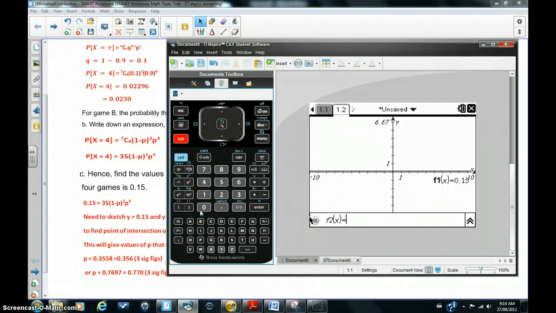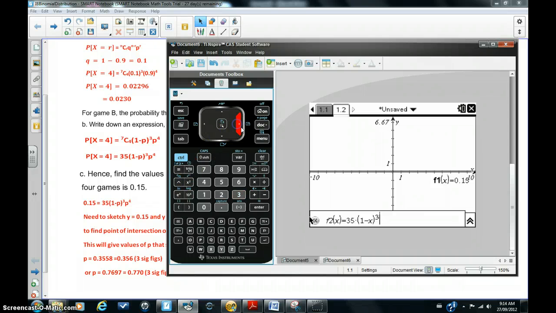So I've got 35 times 1 minus, now I can't use p, I have to use x, okay, bracket, and I've got to raise that to the power of 3.